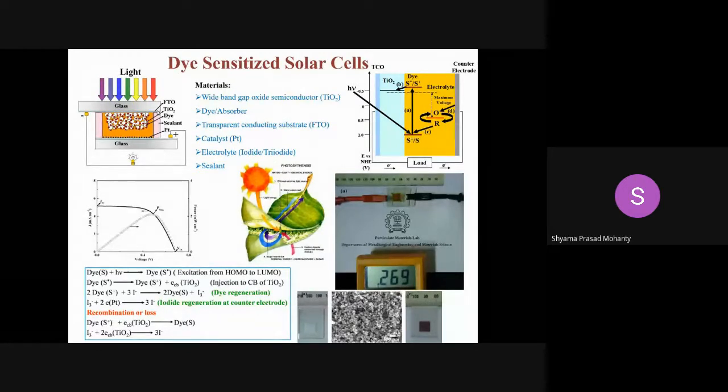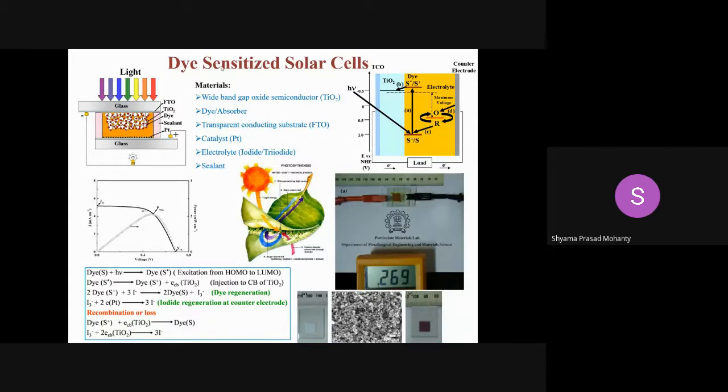Over that, we have a wide band gap oxide semiconductor like titanium dioxide or zinc oxide. Why a wide band gap oxide semiconductor? Because we don't want these materials to directly absorb the sunlight. We want the dye to absorb the sunlight. That's why it is called a dye-sensitized solar cell.